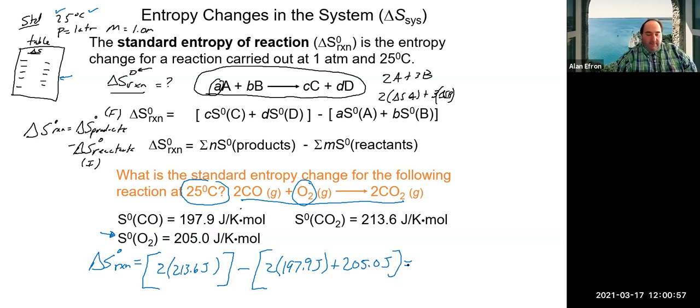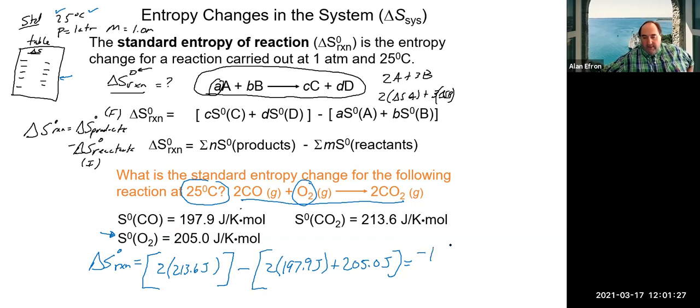So if we do all that, 2 times 213.6 minus 2 times 197.9 plus 205, it looks like, gives us minus 173.6.